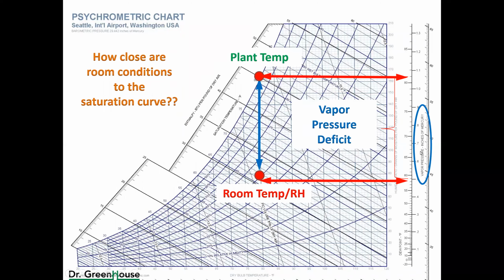And we read what the vapor pressure is. Now, if we go up this chart all the way to the top at the same exact temperature, this is our temperature, okay? And we go all the way to the top, this is the saturation curve. The difference between the vapor pressure here and the vapor pressure here is the vapor pressure deficit.